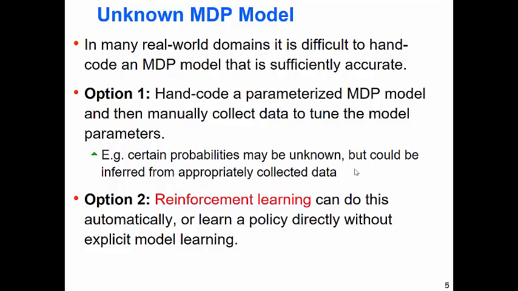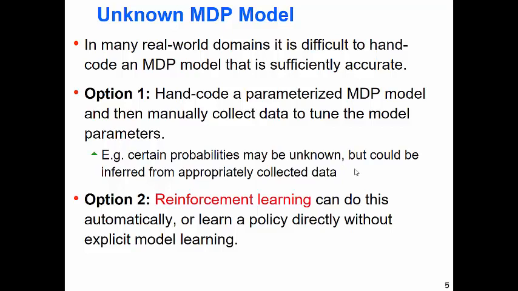In other applications, it might be a different form of model. But you're going to hand code that, and then you're going to collect some data somehow from the environment. And we won't say how you collect the data. And then you're going to tune the parameters of the model to match the data. So the data is going to give you a whole bunch of examples of: here's a state, here's an action, and here's the next state. And that's a supervised learning problem once you have all that data.